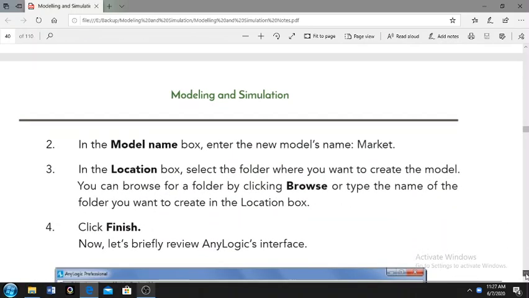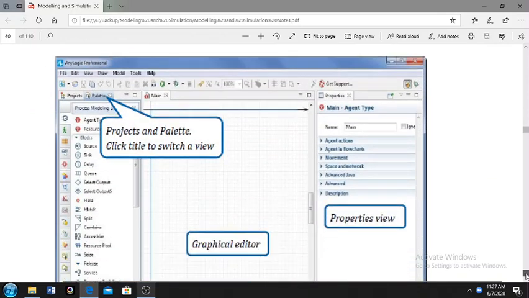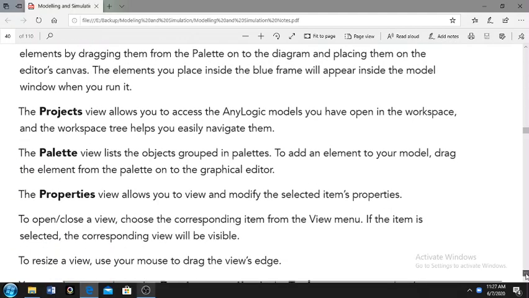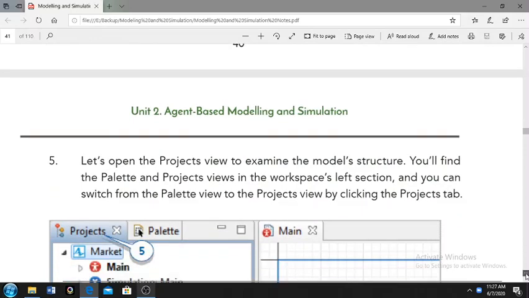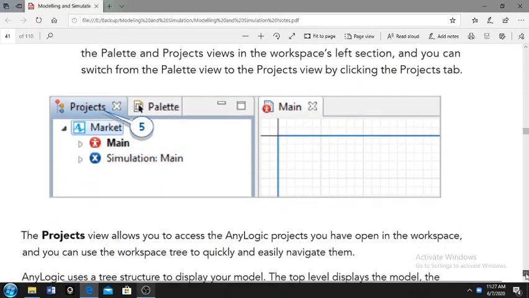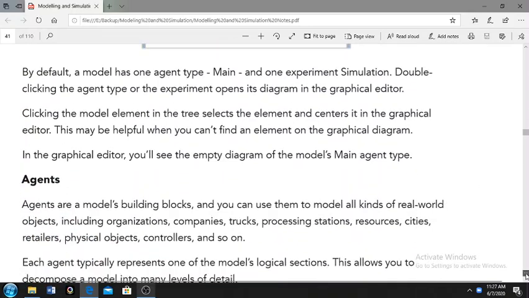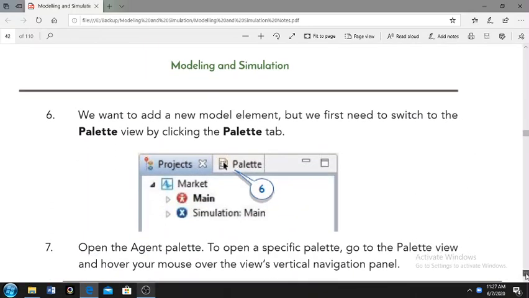In the name field, enter the model name, market. So it shows you step by step. Now in the software I gave you, when you have installed AnyLogic, there are also video tutorials. You can also make use of them to attend this lab.